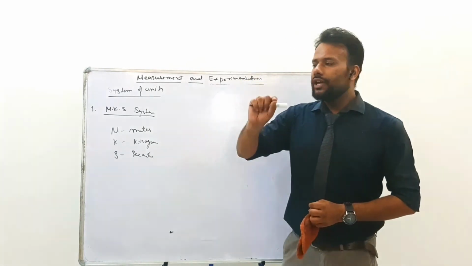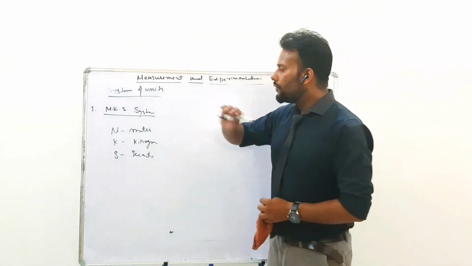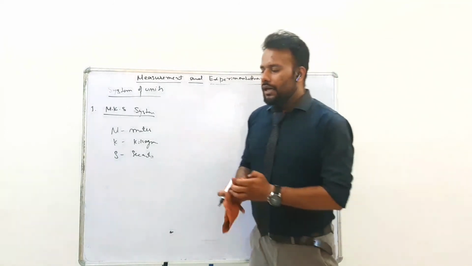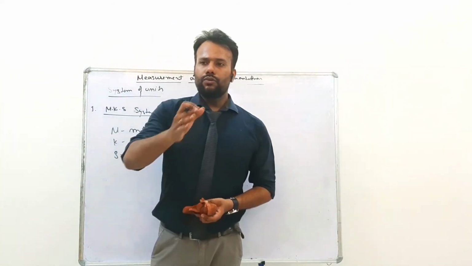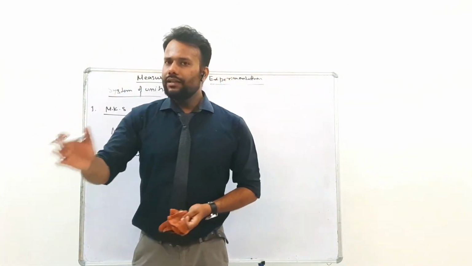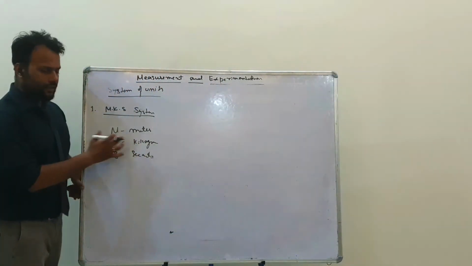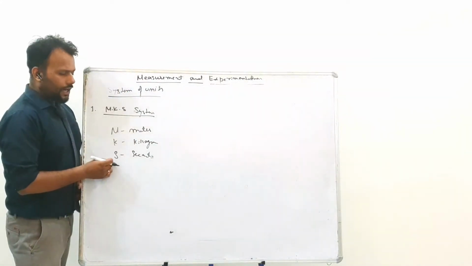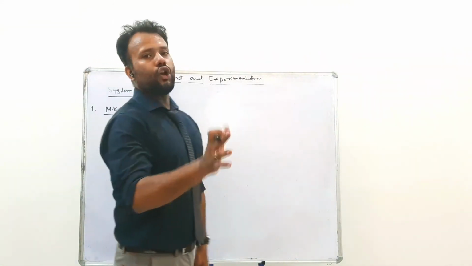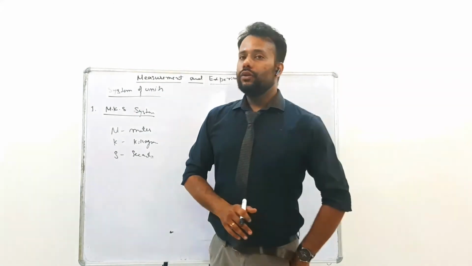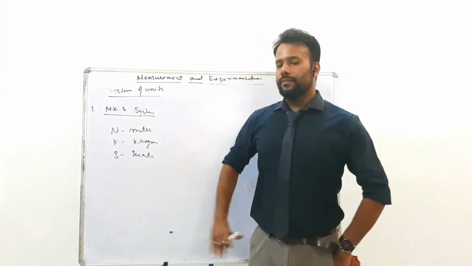You can't change the unit of any of the quantities. Let's say I am doing the experiment in which I need to measure the mass, length and time, I take mass in kilogram, time in second, but I say that I'll take the length in, let's say, kilometer, right? If I do that, I'm not using this system.